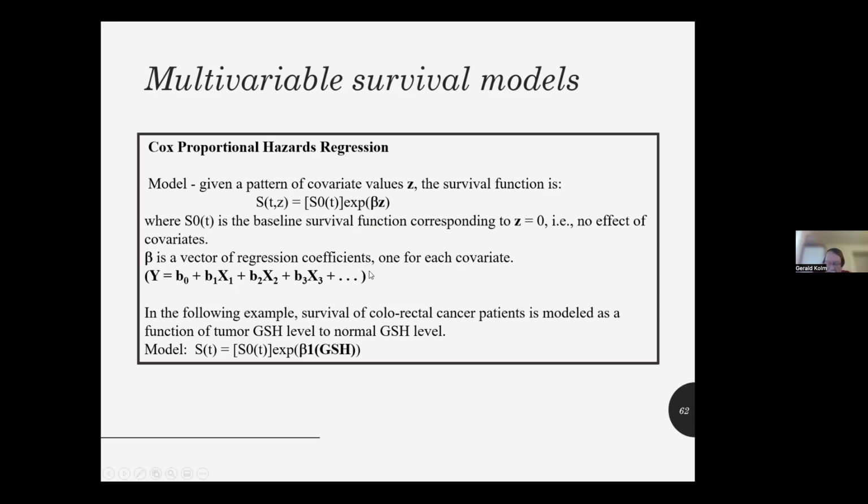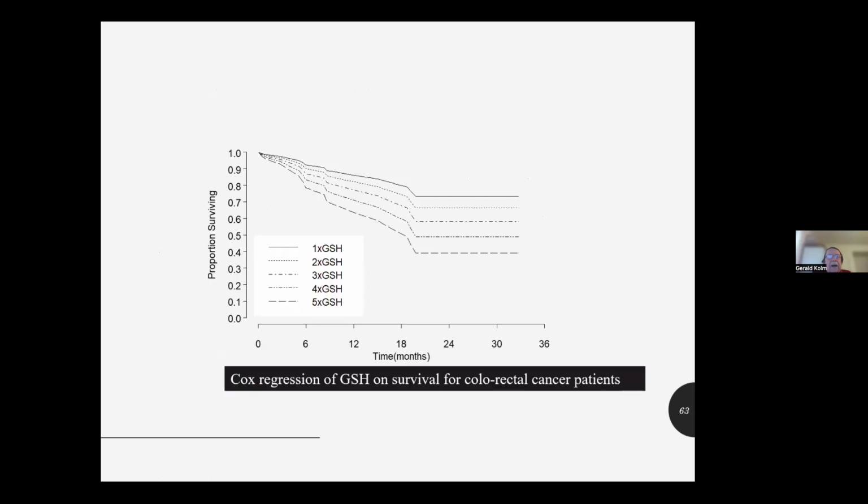And so if we have this kind of multivariable model of Cox proportional hazard, then we will get something that looks like this, where in this case, it's just different levels of the GSH. And so you can see that the higher the GSH level, the worse the survival rate.